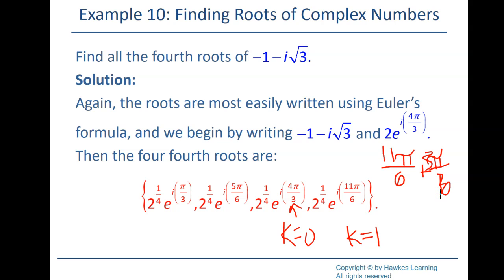And I would get 14 pi over 6, which reduces to 7 pi over 3, and that is coterminal with pi over 3. How do I know that? Just remember, this is bigger than 2 pi. We can subtract 2 pi from that, which would be 6 pi over 3, and that would get me back to pi over 3. So this is when k is equal to 2.